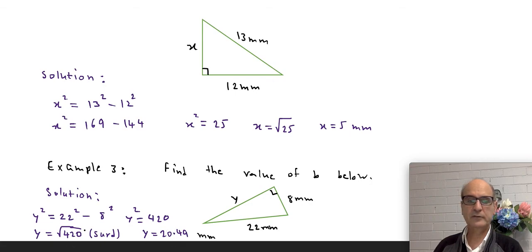If you put that in your calculator, it goes forever, but we want to just have it to 2 decimal places. Okay, that is the answer to this. Thank you for your attention.